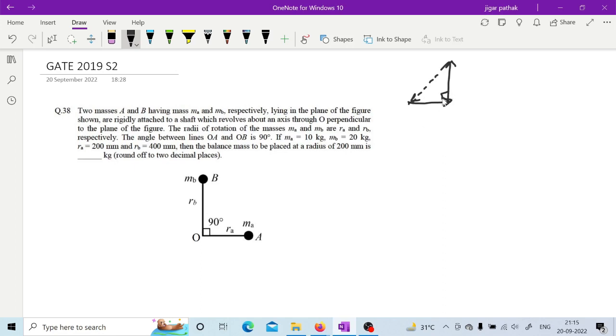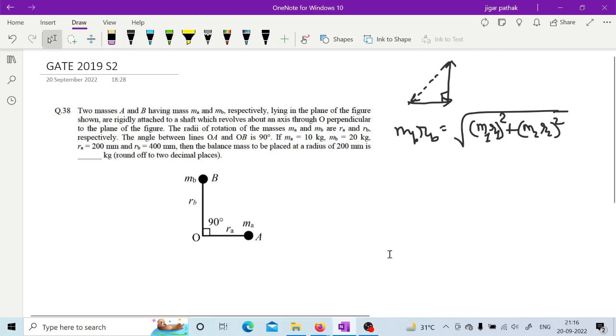So as you have this 90 degree angle, your MBRB can be directly calculated from the square root of M1R1 squared plus M2R2 squared, because it has only one vertical component and one horizontal component, right? It is straightforward, right? Yes, sir. Now got it. So quickly calculate it.